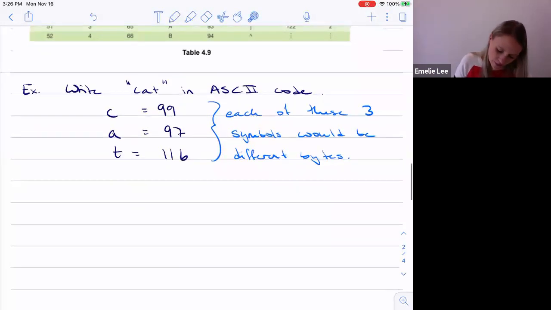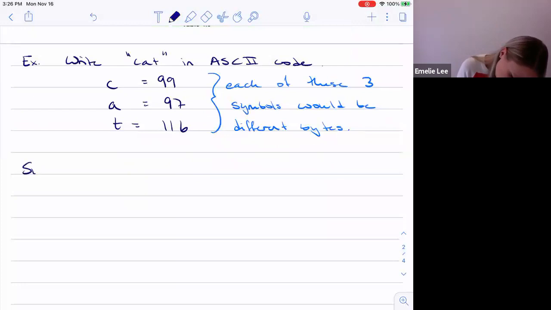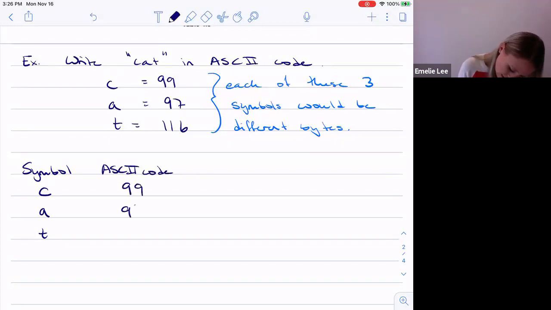And remember that a byte has 8 slots, right? So if we have the symbols CAT, then we have the ASCII codes 99, 97, and 116.